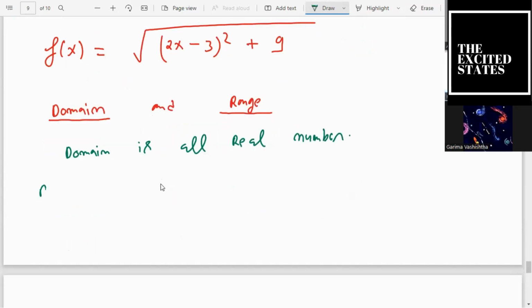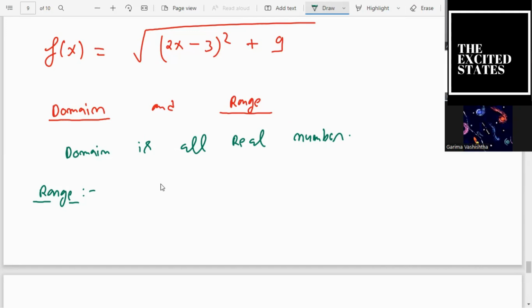Can you tell me the range now? What is the range of this function? Can you tell me the minimum value of this function?